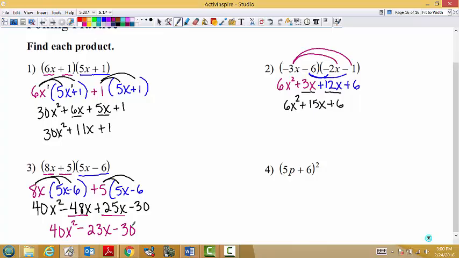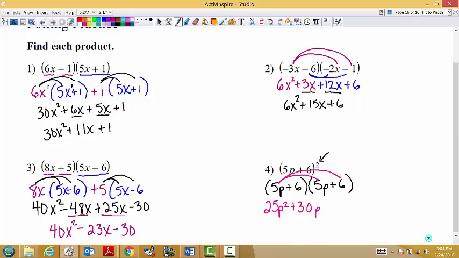Okay. Now looking at 4, 4 is different. You see how that's squared right there? That means you have to write it twice. The definition of squared is write it twice. And then you're going to multiply it out. And I'll do this one like I did that one. You distribute the top. 5p times 5p is 25p squared. 5p times 6 is 30p.